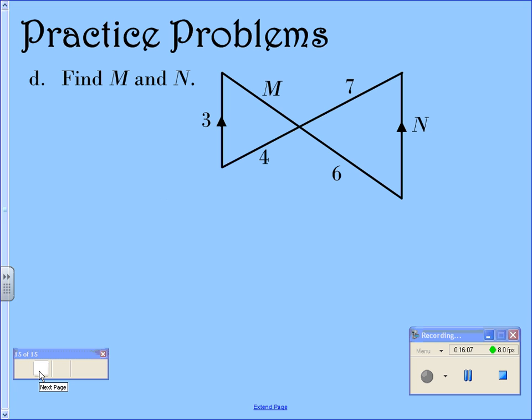Looking at this one, are the triangles similar? How do you know? They have parallel lines, therefore their angles are all congruent, so you treat them the same way as we did.